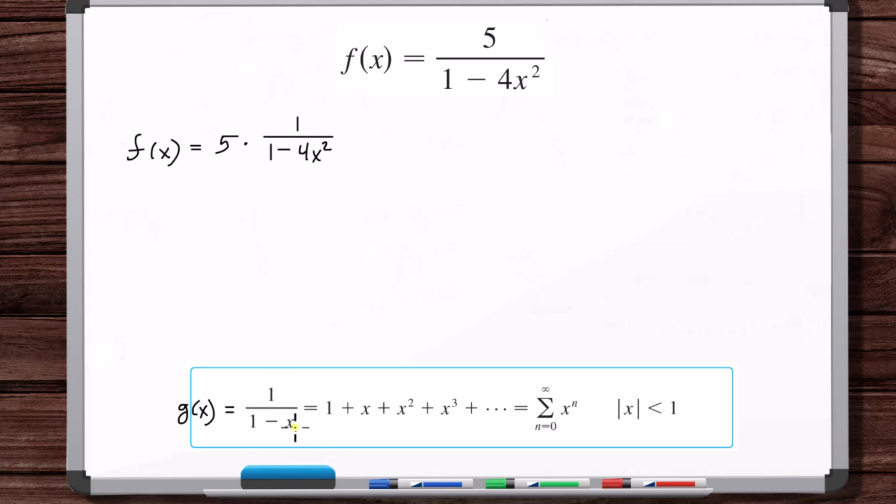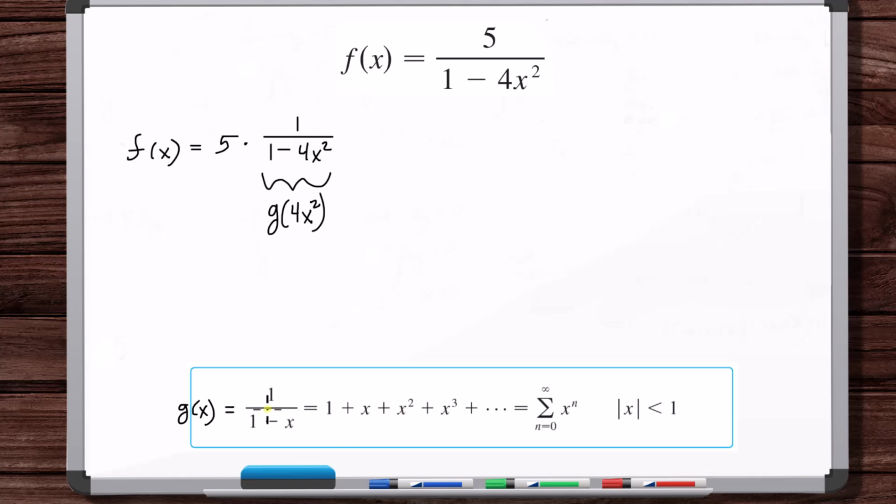This is the function for the series. And what you can see is that this here is g of 4x squared, not minus 4x squared. If we input 4x squared here, we get 1 over 1 minus 4x squared.